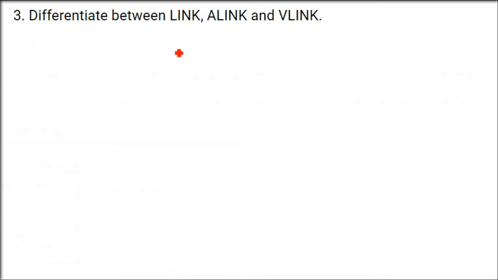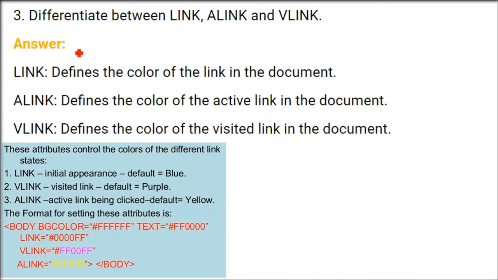Differentiate between link, A-link and V-link. These are basically colors, to specify in which situation these links are. And links are what? When you click, it will take you to another page. These are basically hyperlinks. So when you click on A, it will take you to some other page, B, some other page, C, some other page.